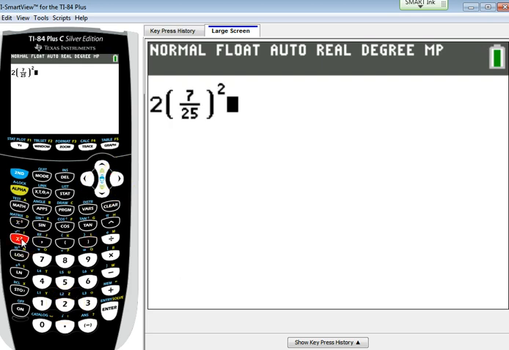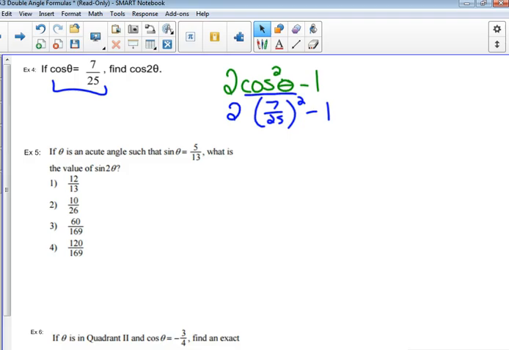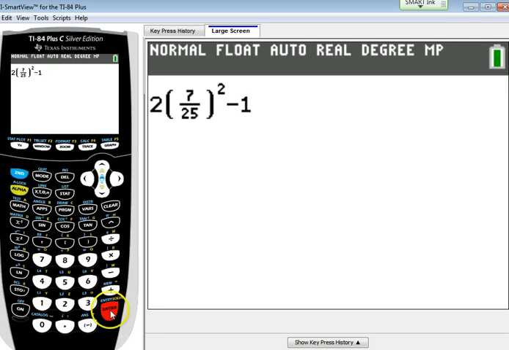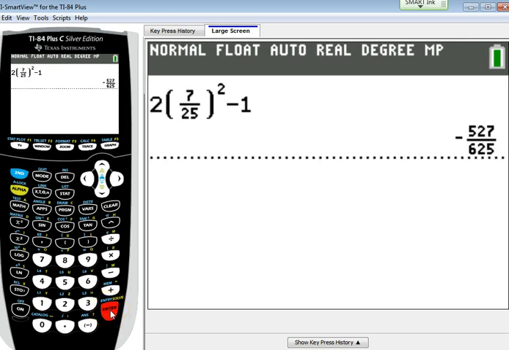Square that, and then minus 1. I think that's the same thing, hopefully. The same. Great. So that'll help with your pen, just a nice little shortcut. Alpha y equals. So negative 527 over 625.